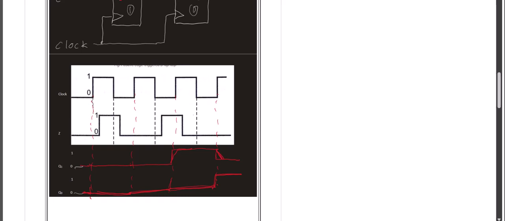No, it's not because it went to 0. It's because of the clock. It was still at 1 when it looked at it.